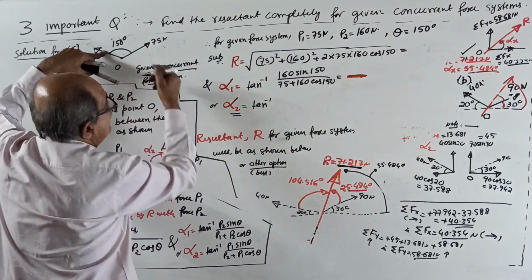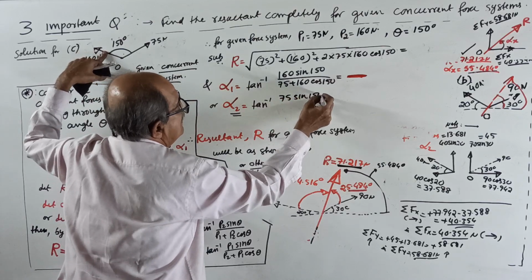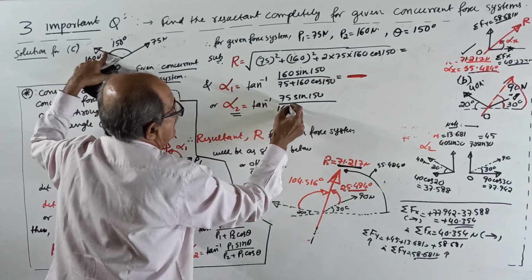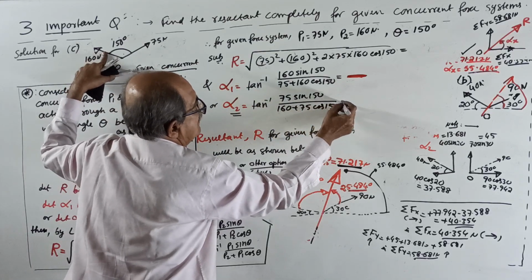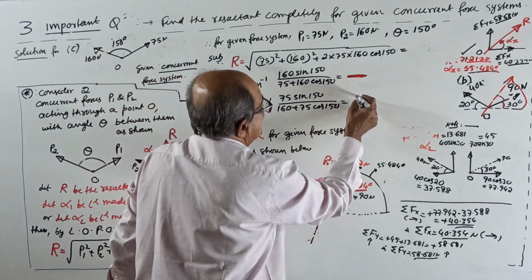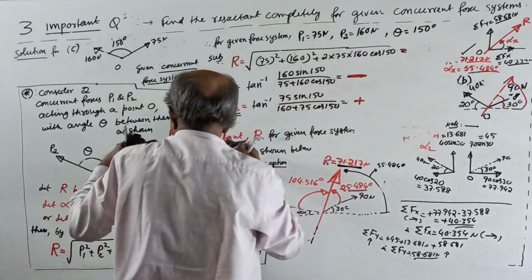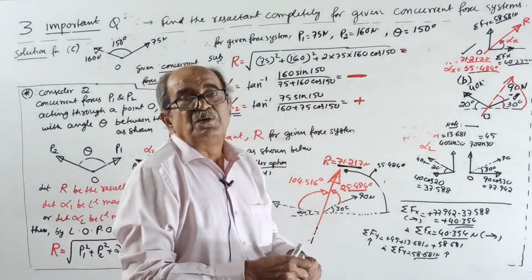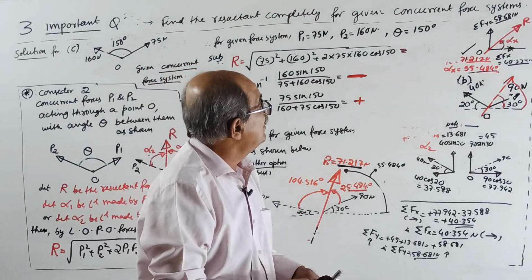Alpha 2 equals tan inverse of 75 sine 150 divided by 160 plus 75 cos 150. This will come positive. Now I will rub everything here because I want to explain resolution now.